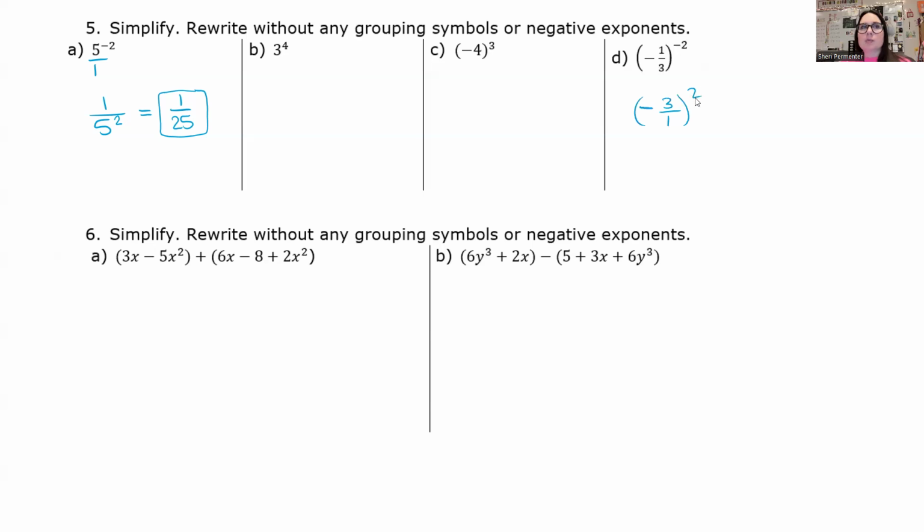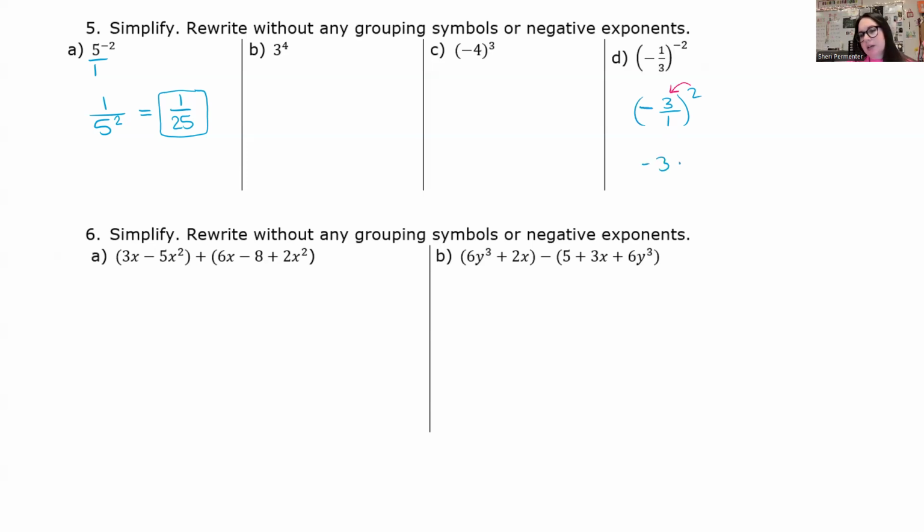So I can change it to a positive exponent. And then I get this. Do I have to write over 1? What's 3 divided by 1? 3. There's 3. So we can ignore the divided by 1. But for this, I would have to distribute in the 2. And when I have something raised to an exponent, so this is like negative 3 times negative 3.